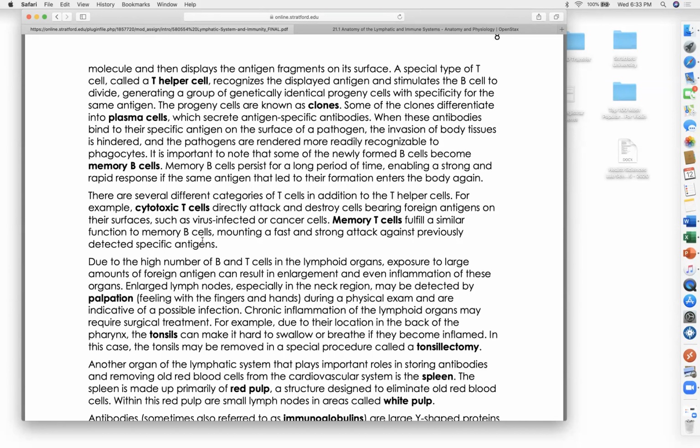So it's actually profiling cells as good or bad. Now, if you have an autoimmune disease, you don't know the good guys from the bad guys. So your immune system starts attacking yourself, right? Because it cannot recognize the glycoprotein coat. And if you don't have good memory B cells, antibodies that remember the last time you got infected, what's going to happen? You're going to get infected all over again.